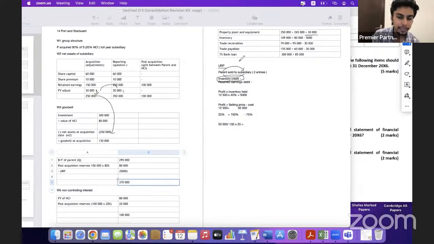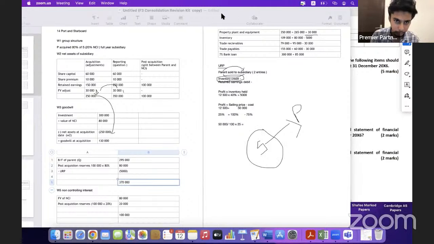Now here the parent is selling to the subsidiary, which means the parent makes the profit. His profits are kept inside retained earnings, so retained earnings becomes minus. Then, on the other hand, if the subsidiary sells to the parent, what will happen? Think like this. If the subsidiary sells to the parent, who is making the profit?